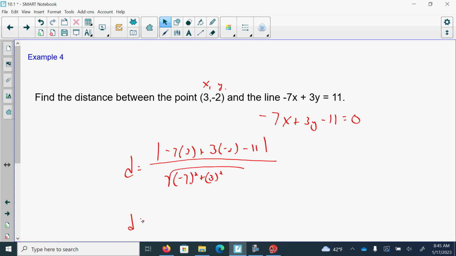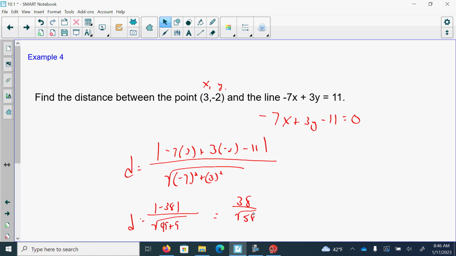When I do the numerator, I'm going to get -21 minus 6 minus 11. So that's going to be the absolute value of -38 over the square root of 49 plus 9, which equals 38 over the square root of 58.